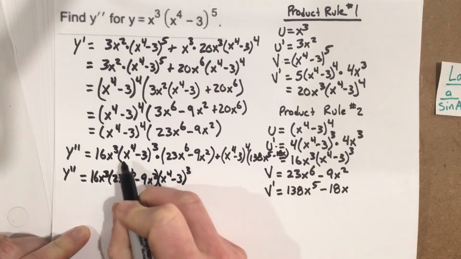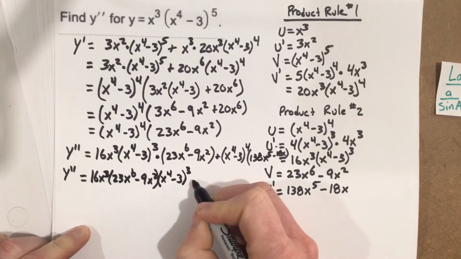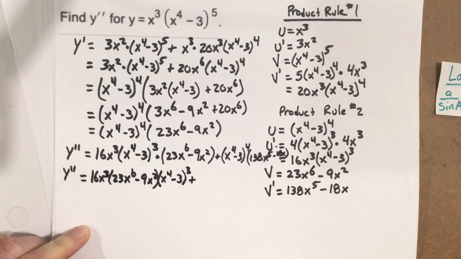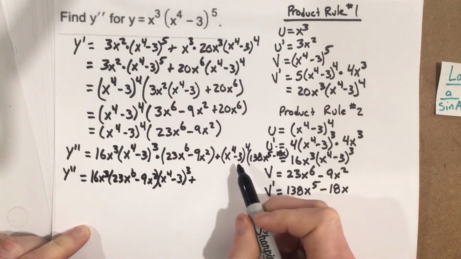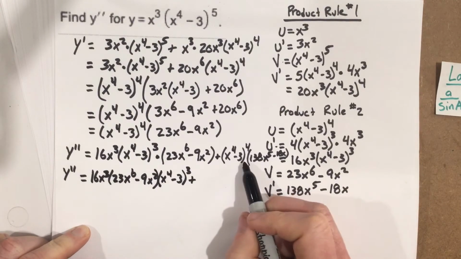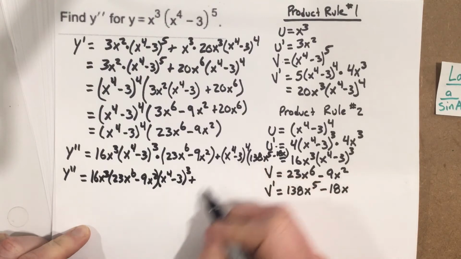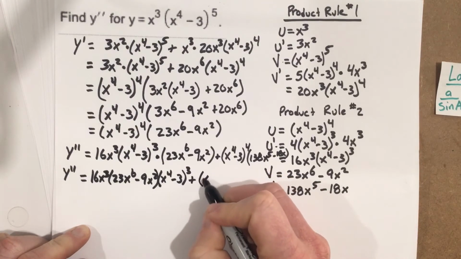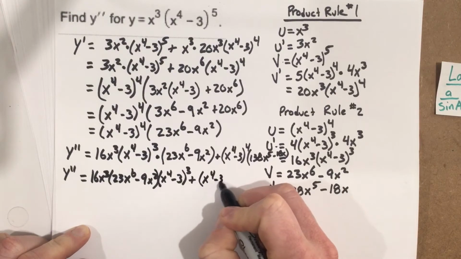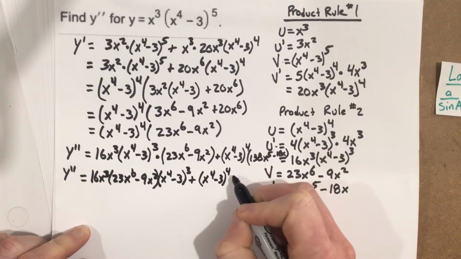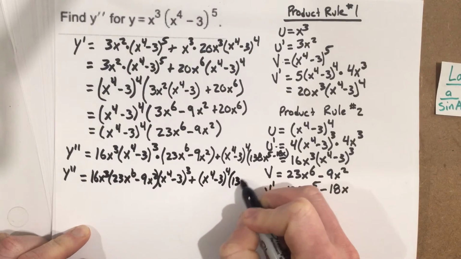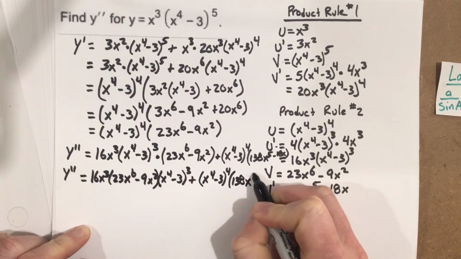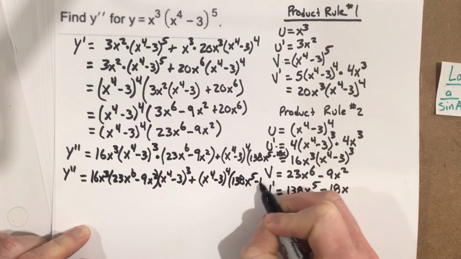So I'm just rearranging these multiplications. And then plus, we can actually multiply this out. Well, let's not, no we can't, because of the (x to the 4th minus 3) to the 4th. So we're going to say (x to the 4th minus 3) to the 4th, and again, we've got 138x to the 5th minus 18x.